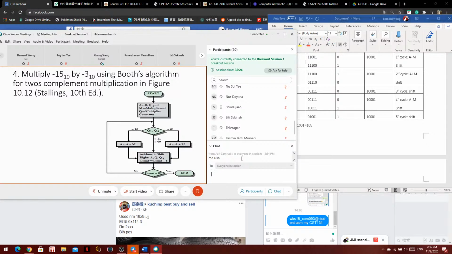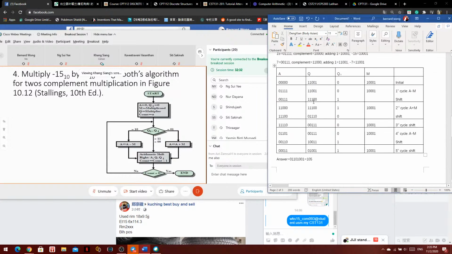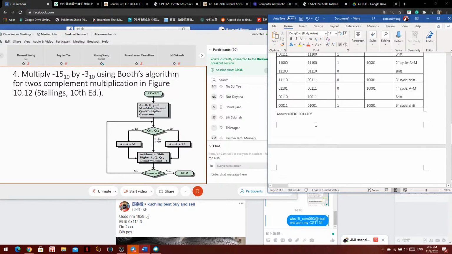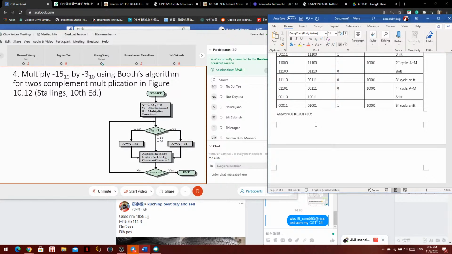Okay, first of all, I'm not sure whether you know about this diagram or not, but this diagram actually represents Booth's algorithm. These are the steps according to the diagram over there. If you see the diagram, then you will know what is happening.